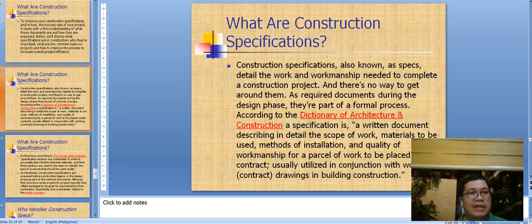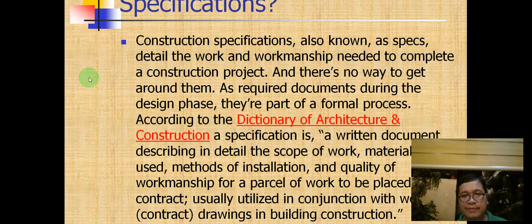So they're usually utilized in conjunction with working drawings in building construction. When you say utilized in conjunction, class, your construction specifications should harmonize with your drawings in building construction.